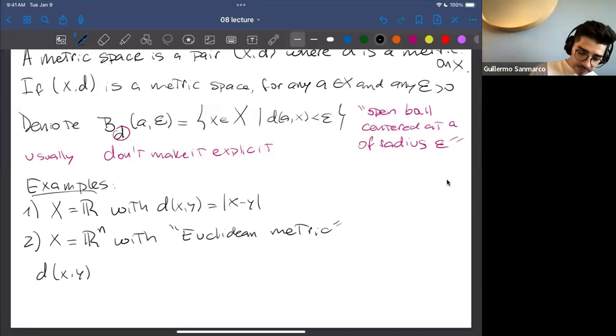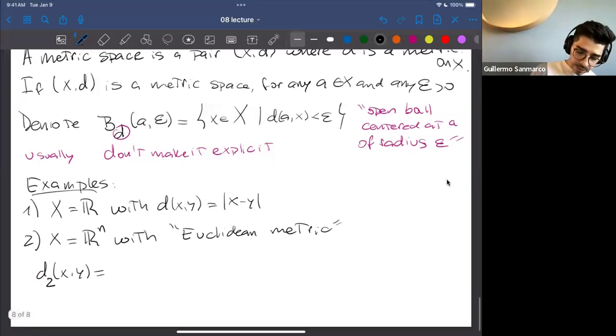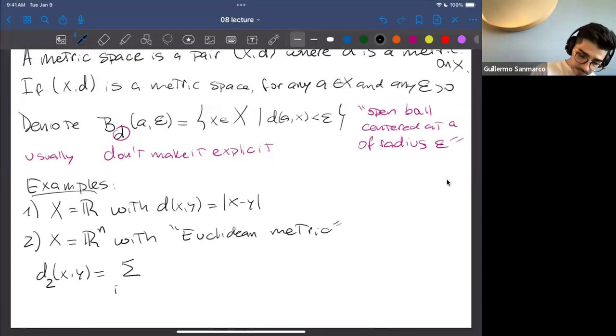So the distance, let me call this d2, I will explain that in a second. You take the sum from 1 to n of x_i minus y_i, you do squares, that's why you have a 2, and then you do square roots.